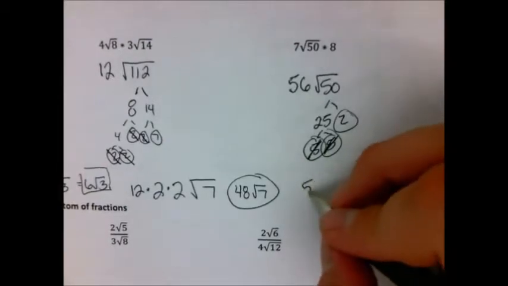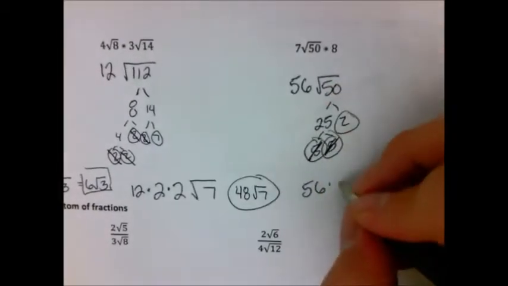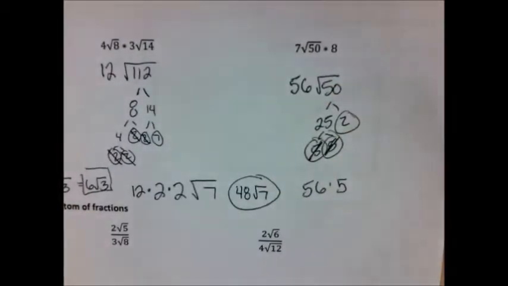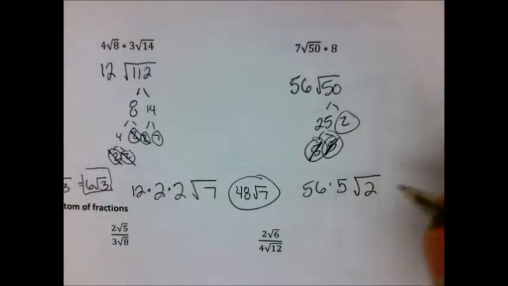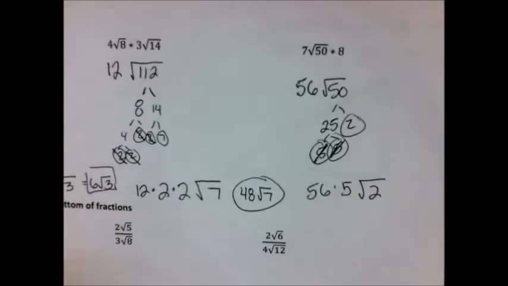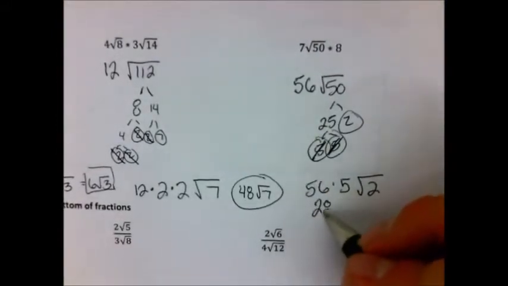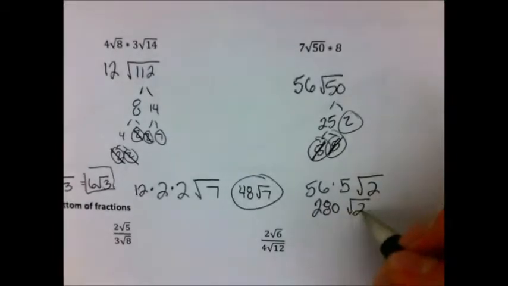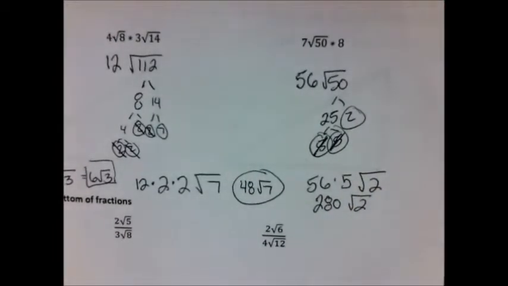So we're going to take 56, which is already on the outside, multiply it by the 5 we're bringing to the outside, leave the 2 underneath. We multiply these together. Should get 280 square root 2. Give you a second to write that down.